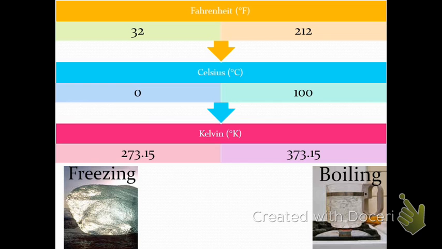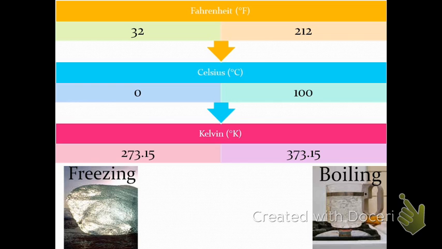Okay, so Fahrenheit, we here in the U.S. talk about things in Fahrenheit, but the metric unit we use is Celsius most of the time for our purposes. You're going to be dealing with things in Celsius, and there is a conversion for how to convert from Fahrenheit to Celsius, and we'll talk about that later on. But close enough for our purposes right now, 32 degrees Fahrenheit is 0 Celsius, so that's freezing.